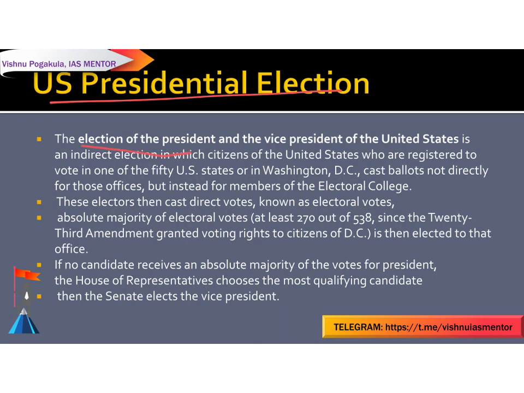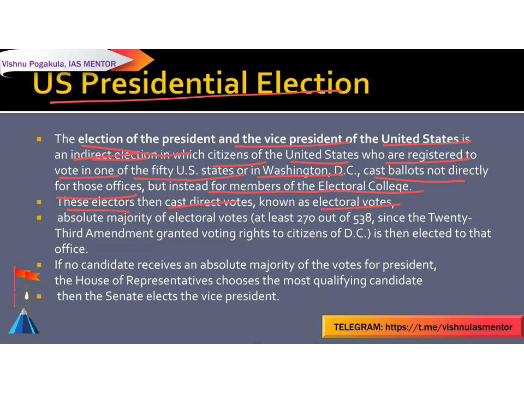The election of the president and the vice president of the United States is an indirect election in which citizens of the US who are registered to vote in one of the 50 states or in Washington DC cast ballots not directly for those offices, but instead for members of the electoral college. They vote to choose the members of the electoral college. After that, these electors cast direct votes known as electoral votes, through which they choose the president and vice president.